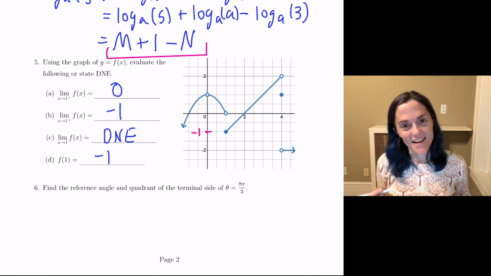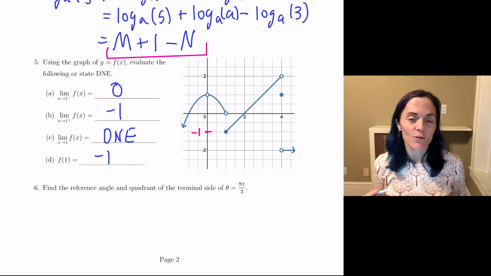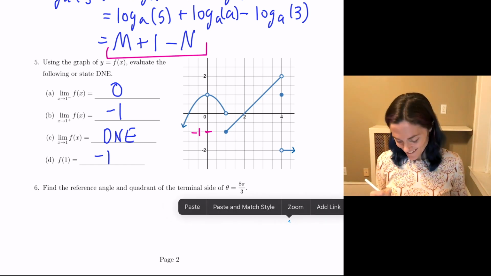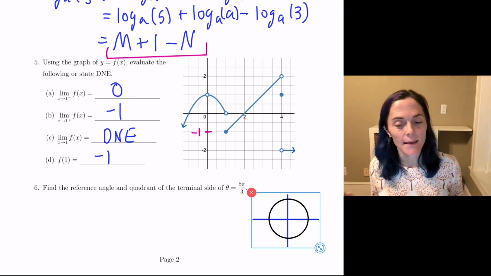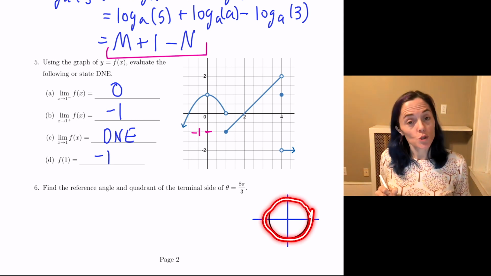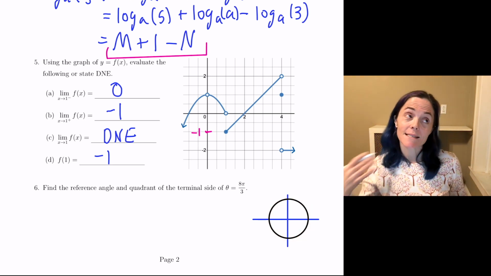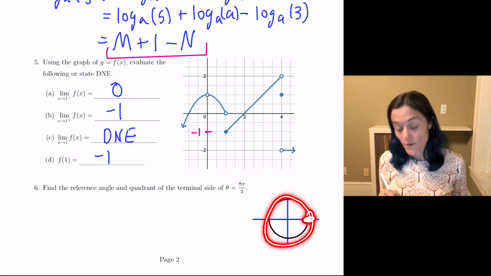Number 6, find the reference angle and quadrant of the terminal side for theta equals 8 pi over 3. Well, here is a unit circle to help us think. Now, all the way around the circle is 2 pi, which is 6 pi over 3. 6 pi over 3 gets us to here.